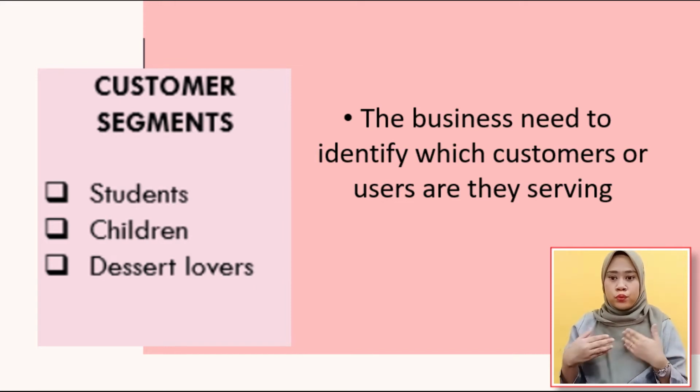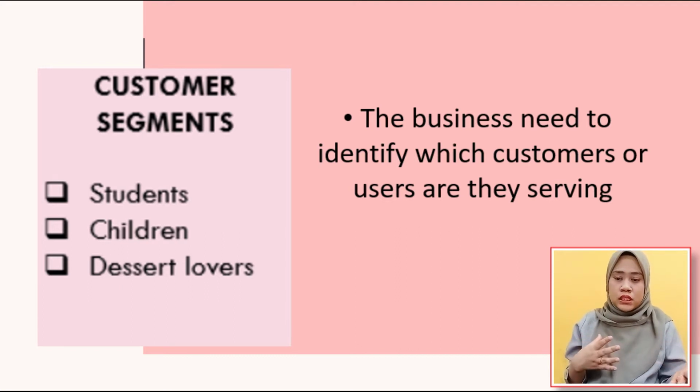As for Widudo, it will be focusing on customers based on their interests, which is people who love to eat dessert. Therefore, the right customer segment for the business will be students, children, and dessert lovers.